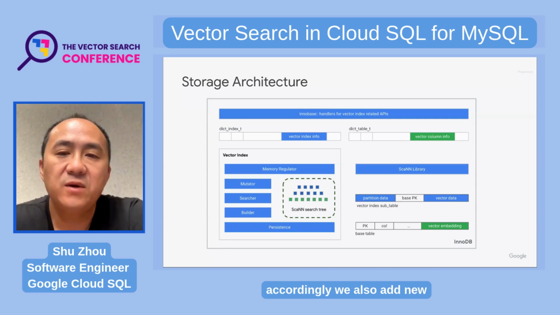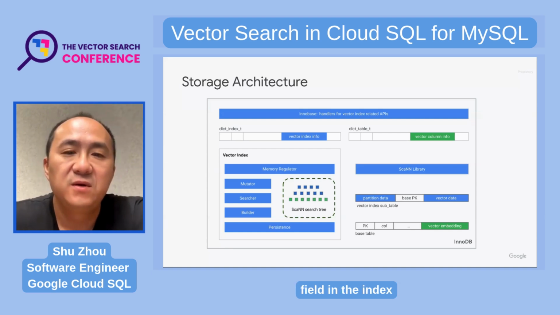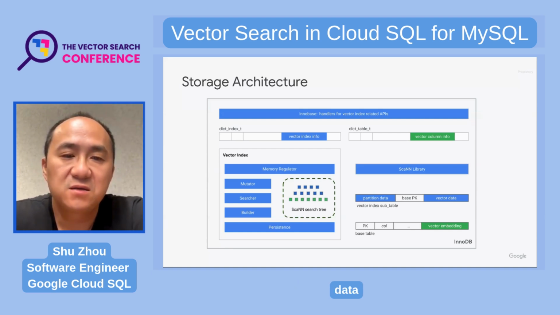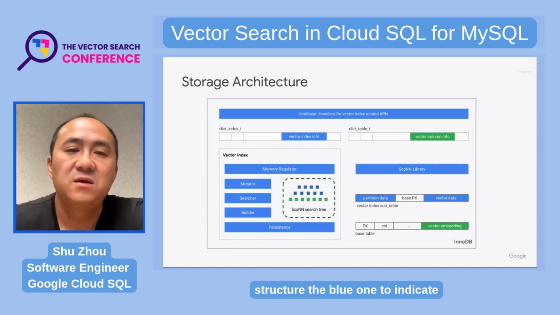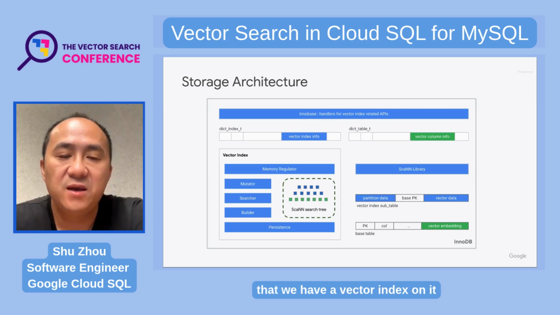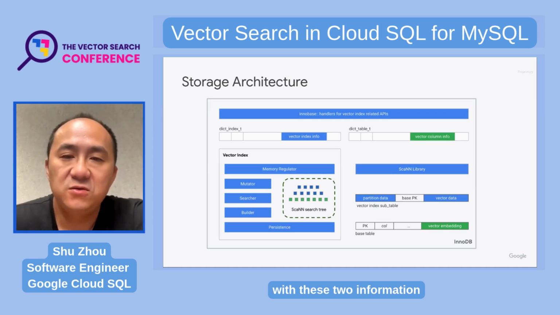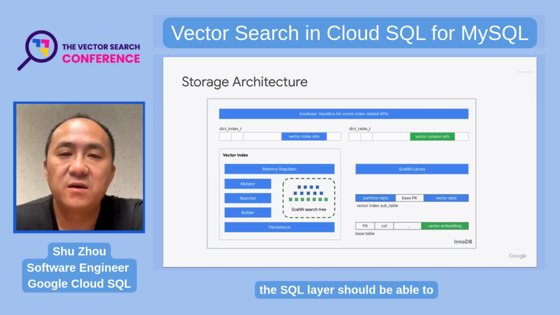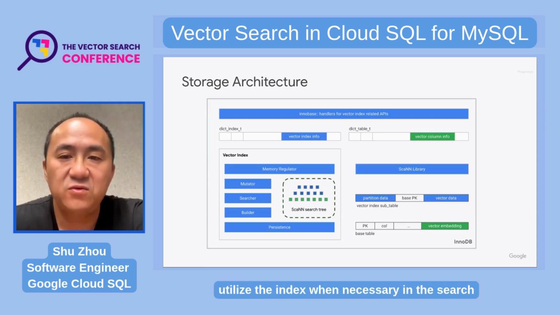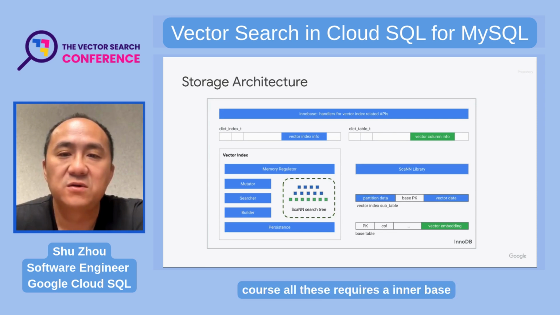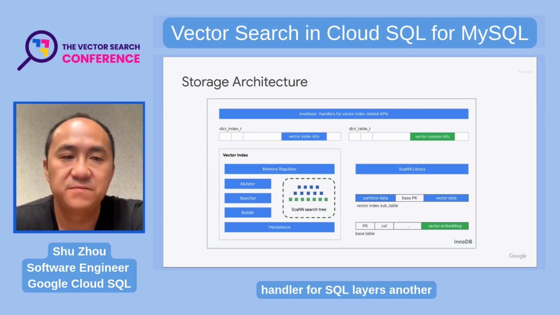And accordingly, we also add a new field in the index data structure, the blue one, to indicate that we have a vector index on it. With these two pieces of information, the SQL layer should be able to discover the index and utilize the index when necessary in the search. Of course, all this requires an InnoBase handler for SQL layers.